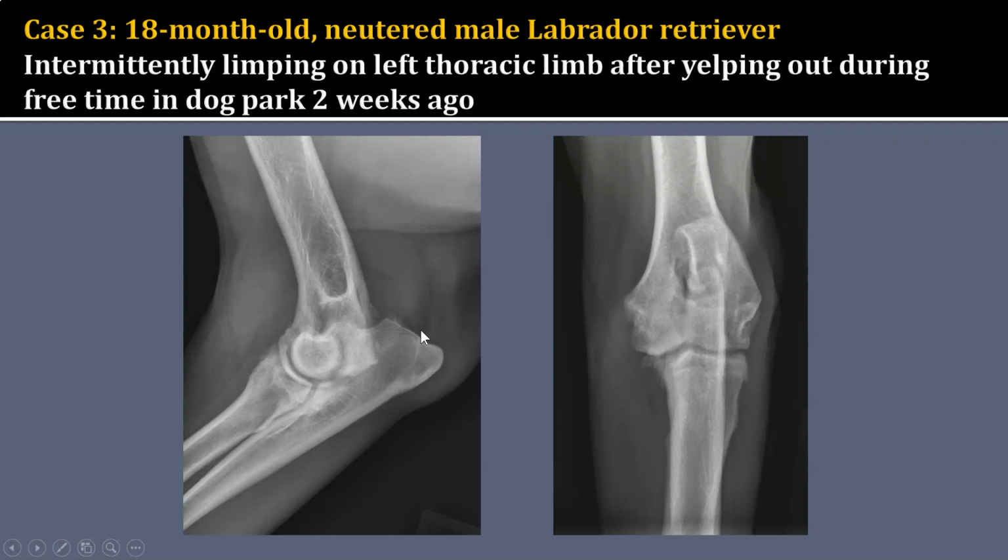I also see this increased soft tissue opacity and size at the caudal aspect of the elbow. And then medially here is an additional site of soft tissue swelling. So this is all centered at the elbow. So I think that this is probably joint related or intracapsular soft tissue swelling of that elbow.